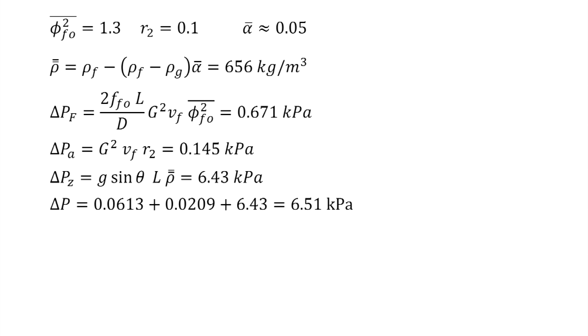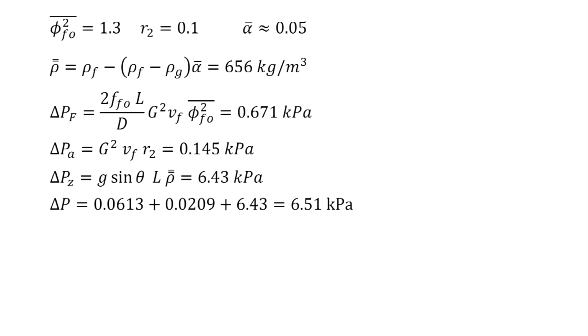So, this has been done by assuming that alpha bar is approximately equal to the alpha corresponding to the quality at the midpoint of the pipe. Rho double bar, using this alpha bar, it is calculated as 656 kg per meter cube, which is only slightly less than the density of the liquid rho f.